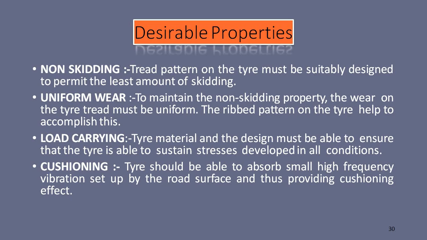Load carrying: the tire material and design must ensure that the tire is able to sustain stresses developed in all conditions. Cushioning effect: the tire should be able to absorb small high frequency vibrations set up by the road surfaces, thus providing the cushioning effect.